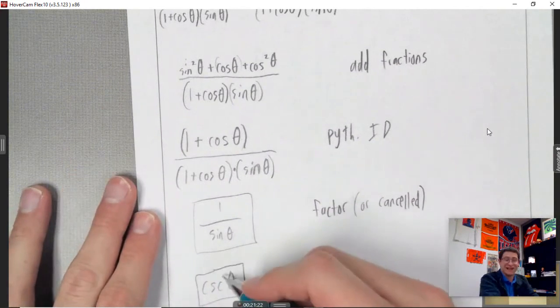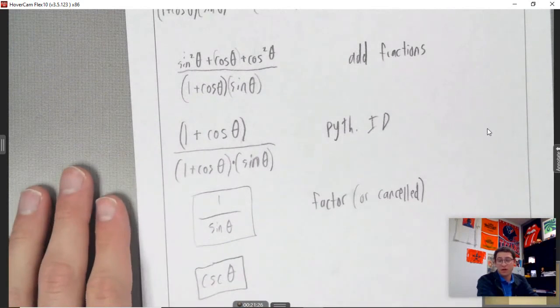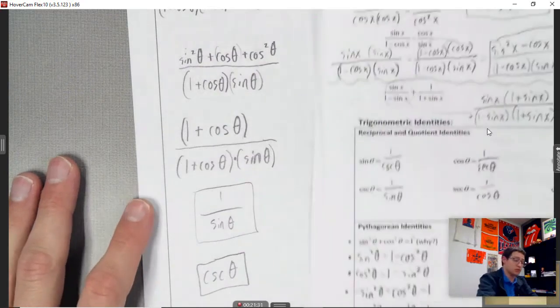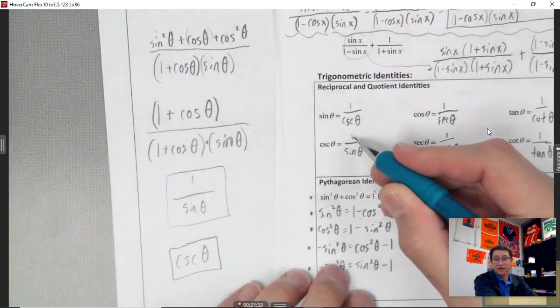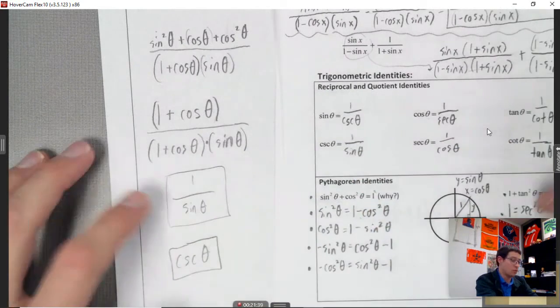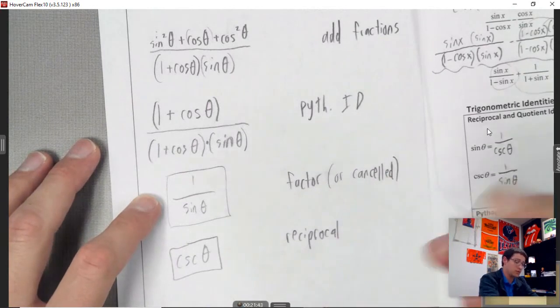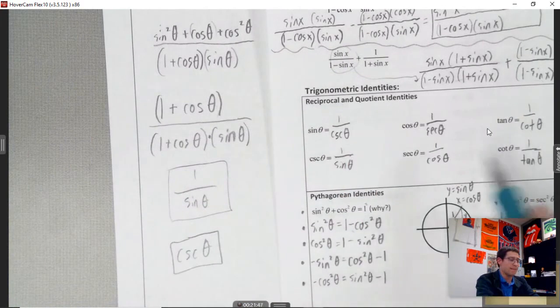Really, that's a more simplified version, because we don't want the reciprocals. Essentially, what we did here is we used the reciprocal identity. 1 over sine of theta is cosecant. It's a good time to write reciprocal. That was what we used here, the reciprocal identities, from the back page of last lesson.